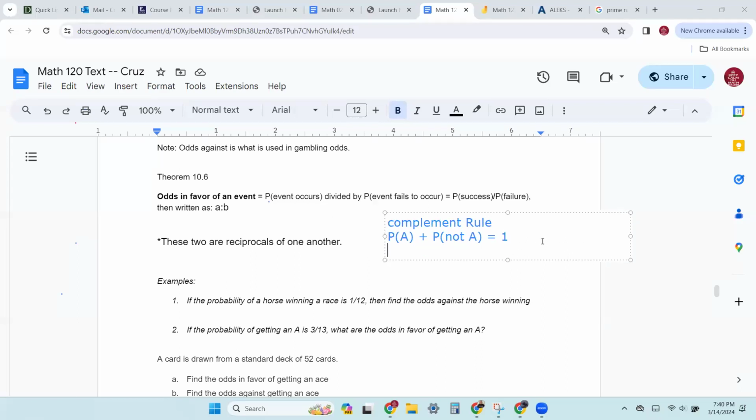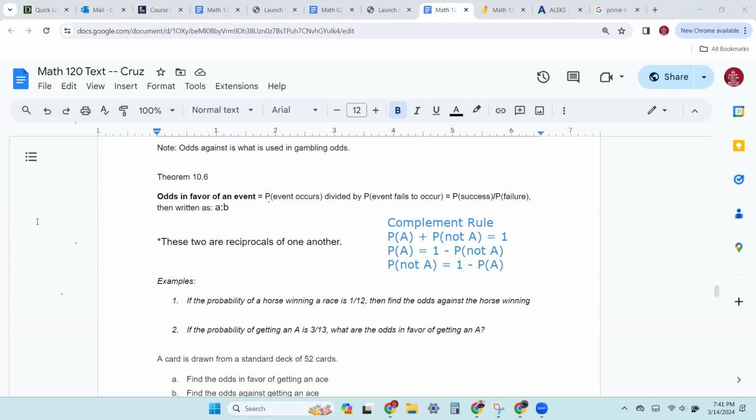We also looked at it sort of like this, you could rewrite it as such. If you've done your 10.1 stuff, you were fooling with this over there. So that's the complement rule, and that's what we're going to use here, because we need to know the probability of both of these things.